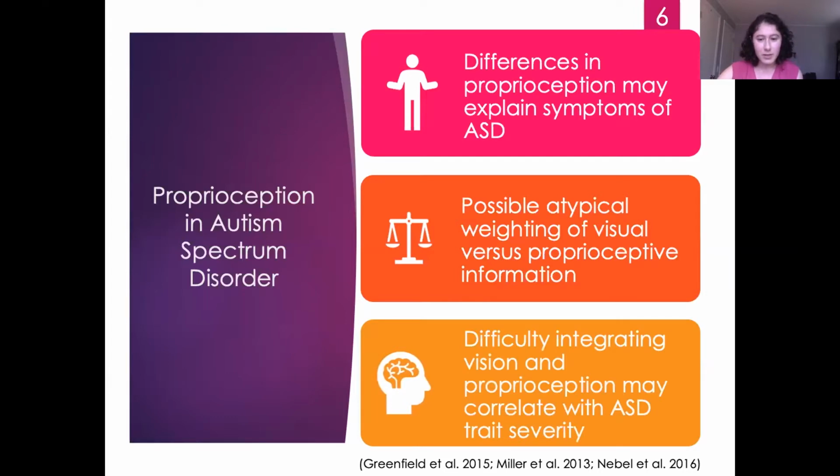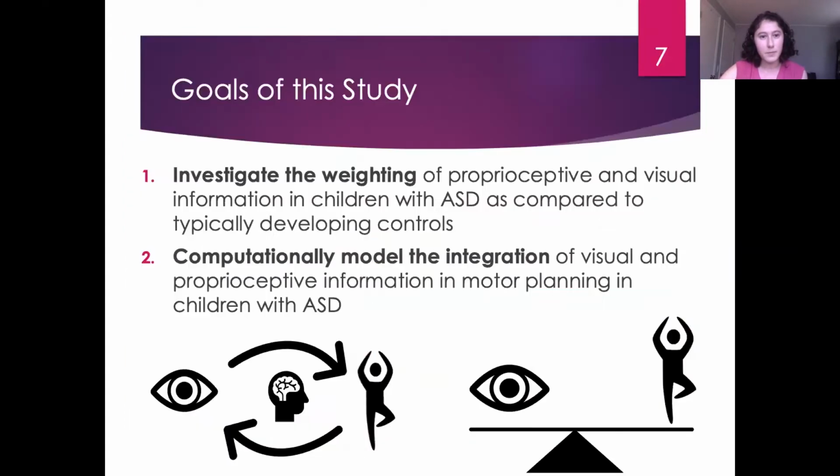And finally, there is some, although limited, research out there on how this difficulty integrating vision and proprioception may correlate with different trait severity in autism. So the goals of this research study that we did were to investigate the weighting of proprioceptive and visual information in children with autism compared to typically developing controls.